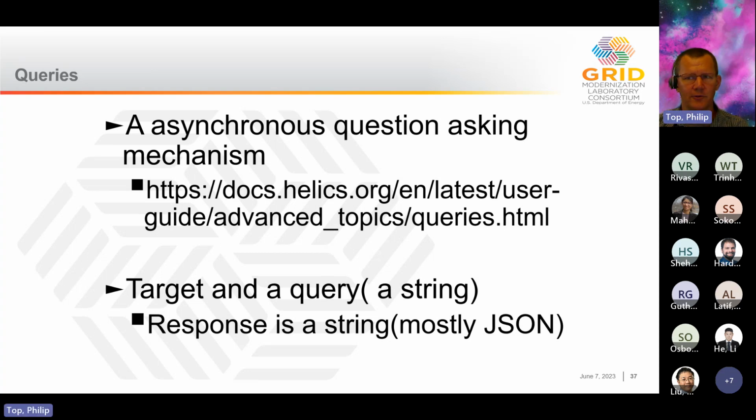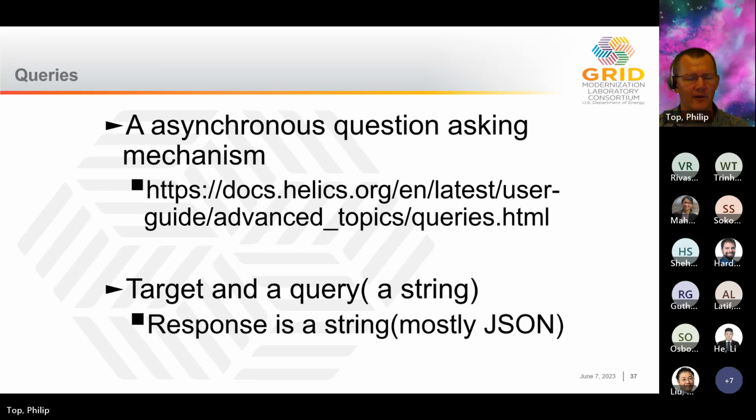This allows you to get information about the co-simulation as a whole. For example, you can get information on what publications are available, what endpoints are available, what federates are connected already, what the state of those federates is, and other things about how things are going or information about a particular federate.